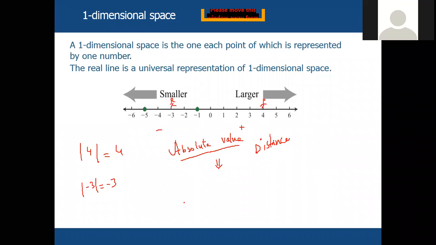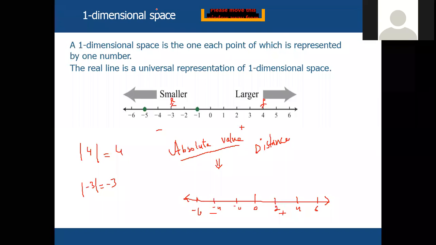For example, if we draw a real number line, we have a 0 point, the origin. This side is positive, this one is negative. Let's suppose this is plus 2, plus 4, and plus 6, and on this side minus 2, minus 4, and minus 6.